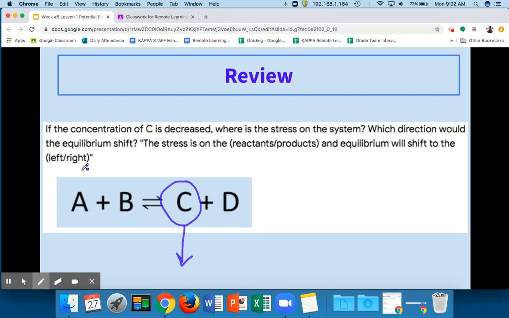So the system will shift to the right to create more product. These two questions were commonly missed. So you just want to look at basically which side has too little or too much and how it balances out.